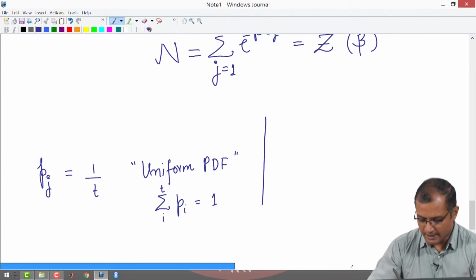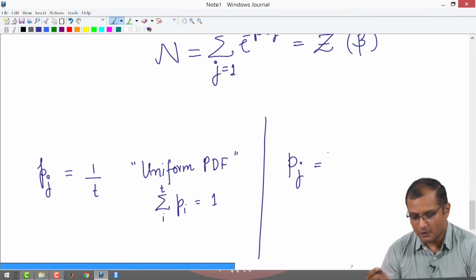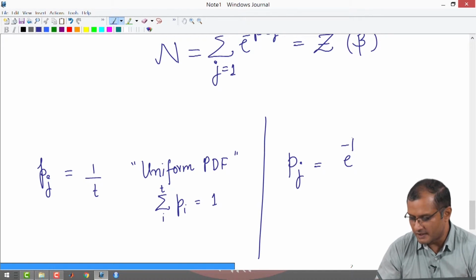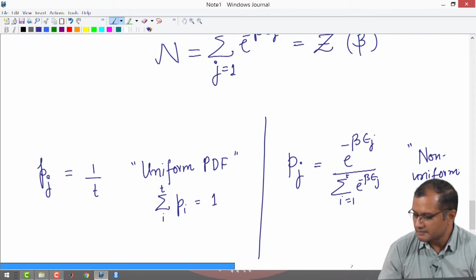And the other case that we have seen is basically P of j, which becomes non-uniform. So, I have e raised to minus beta e j over the sum over j, so I get a non-uniform PDF if I have an extra constraint.